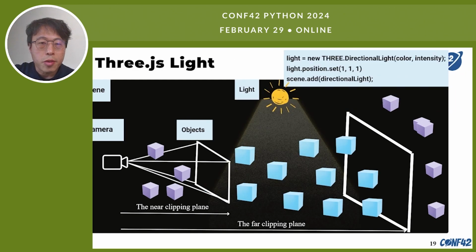Okay, so let's continue to set a light into our scene. You can see the picture. We put a directional light on the top of those cubes. Like we mentioned in the previous slide, we put a light on the top of our robotic arm. So the light makes those cubes look better, so we can obviously see their brightness and shadow.